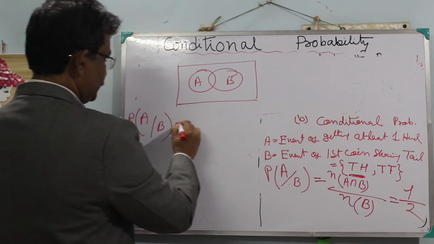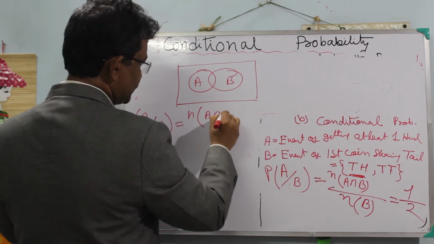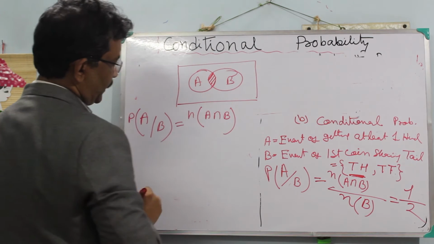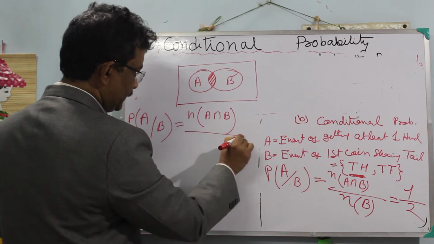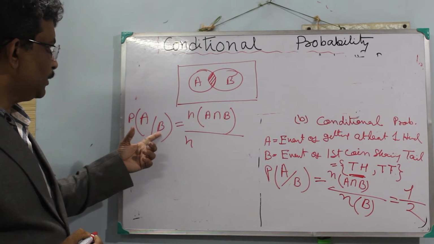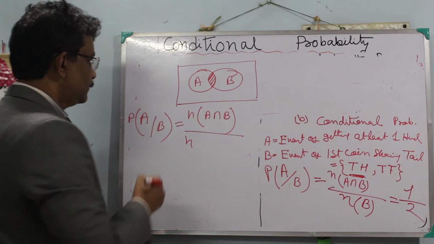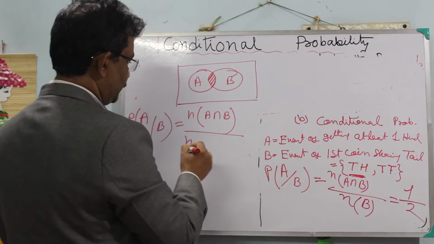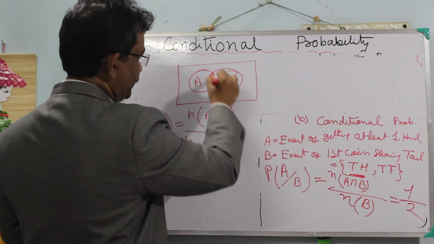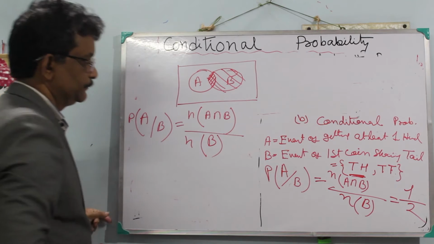We take the number of elements of A intersection B, that means this part, as the numerator, divided by what has already occurred, that means B has occurred, the number of elements of B. The number of elements of B means this entire portion here.